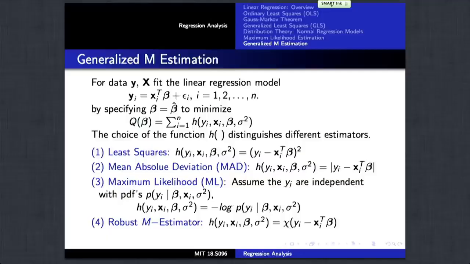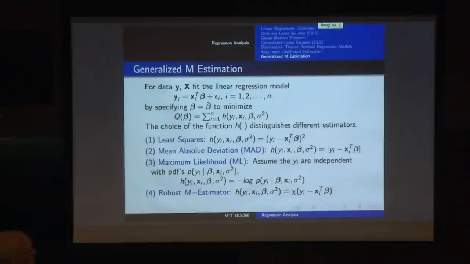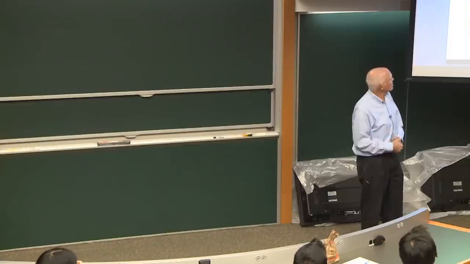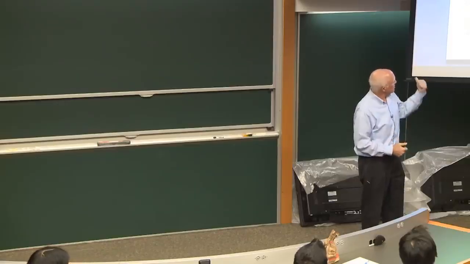And choosing h to take on different functional forms will define different kinds of estimators. We've seen how when h is simply the square of the case minus its regression prediction, that leads to least squares and, in fact, maximum likelihood estimation, as we saw before.